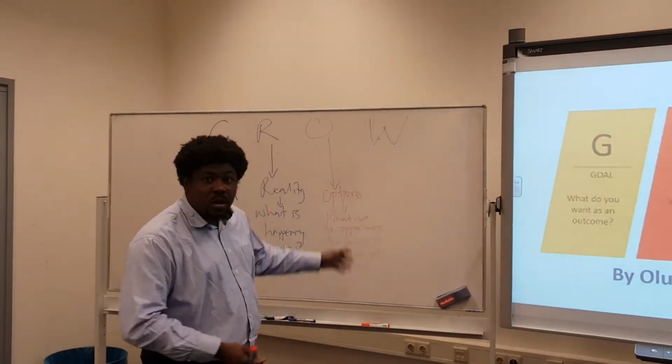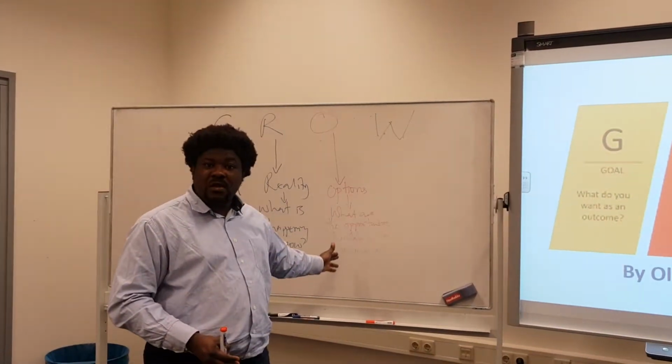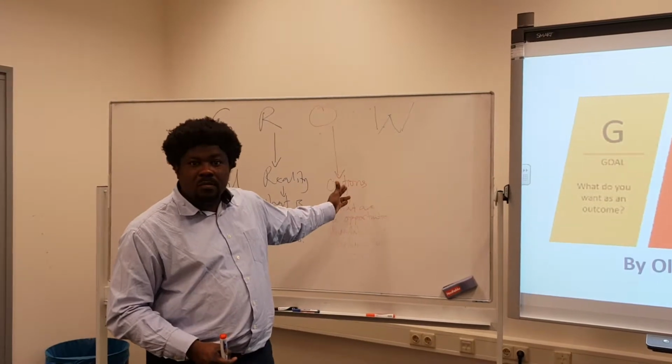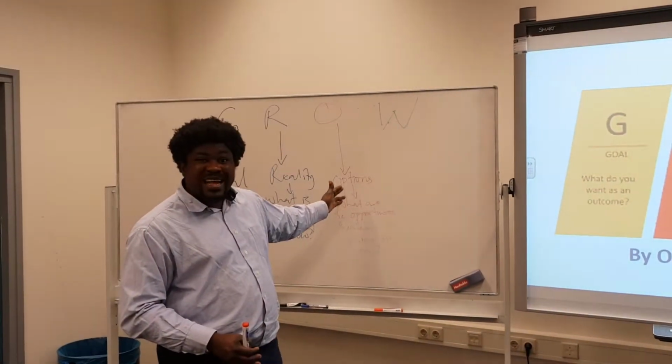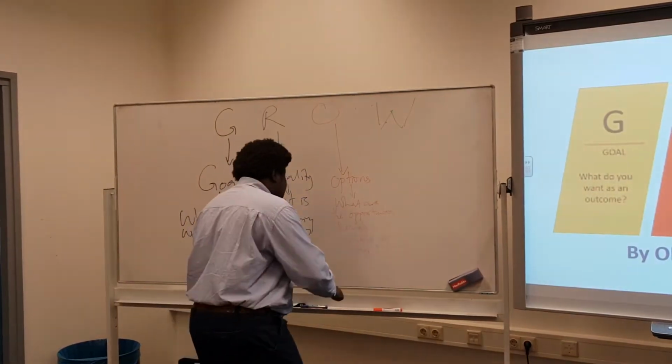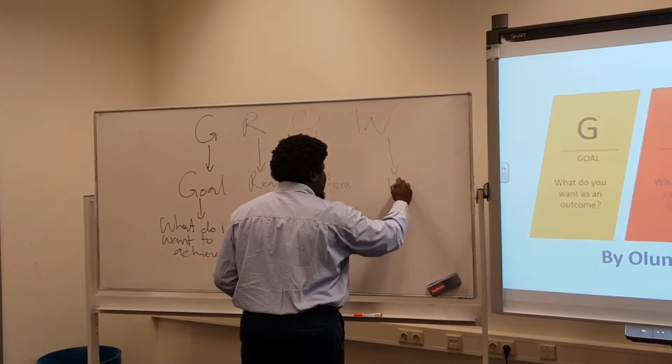It could be more than one opportunity. So you list all opportunities and obviously you go for the most available and accessible opportunity. And lastly, we have W, and W is way forward.